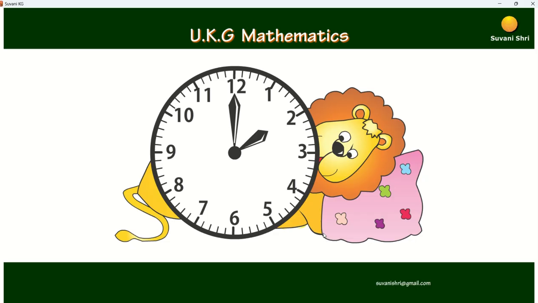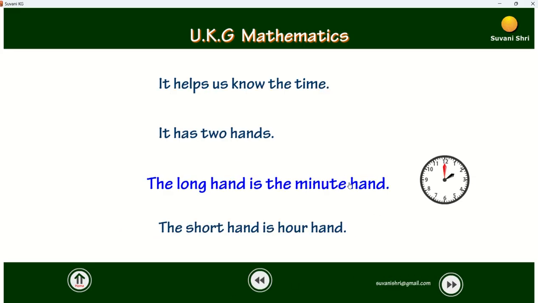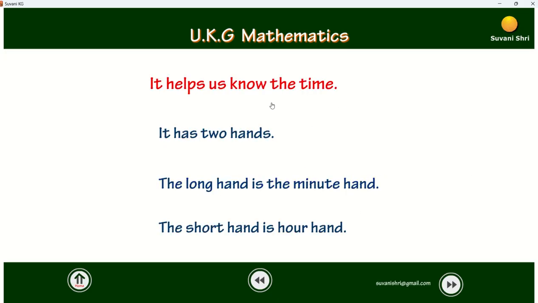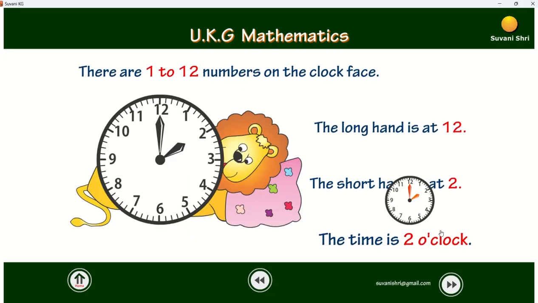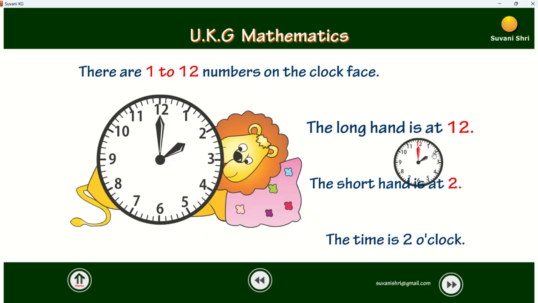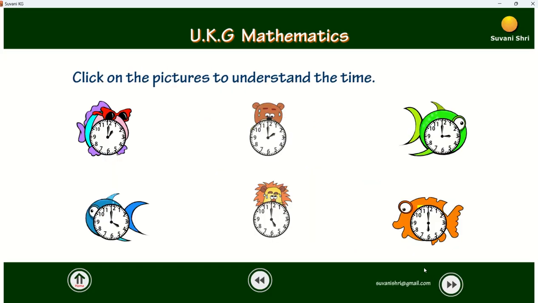Look at the face of a clock. The long hand is the minute hand. Six o'clock, 2 o'clock, 4 o'clock.